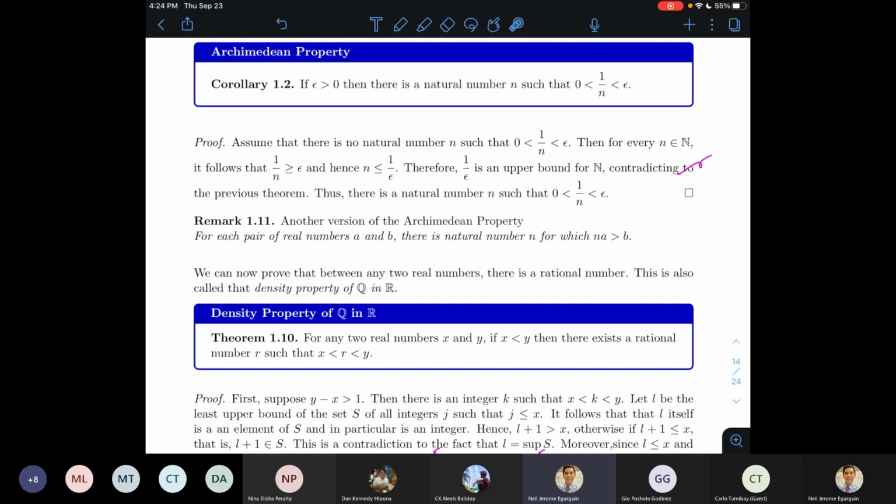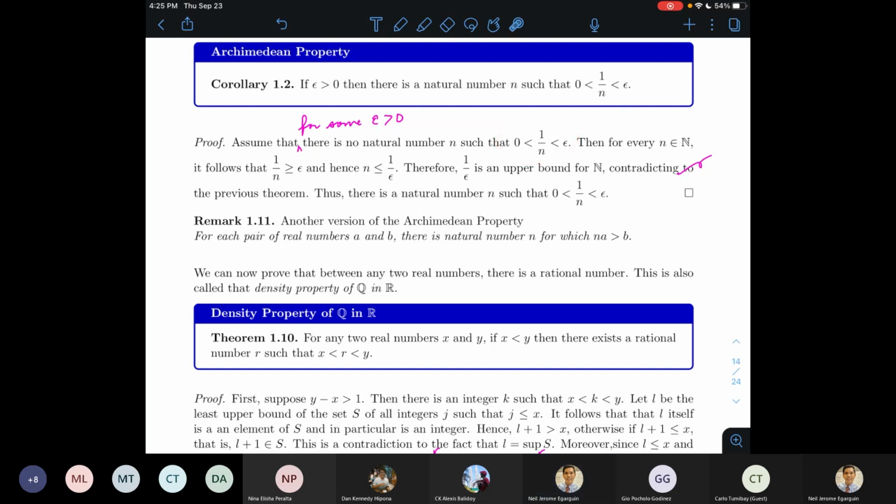So, pag binigyan ko kayo ng isang epsilon, so probably kulang to assume that for some epsilon greater than 0, there is no natural number n such that 1 over n is less than epsilon. Sabi kasi sa corollary sa Archimedean property, kahit anong epsilon, may mahanap kang n. So ang negation niya, merong isang epsilon na wala kang mahanap na natural number n such that the inequality is true.